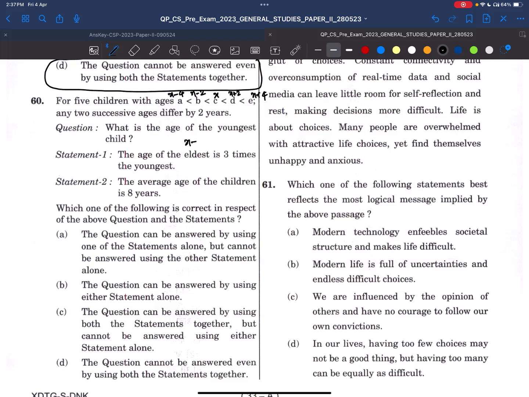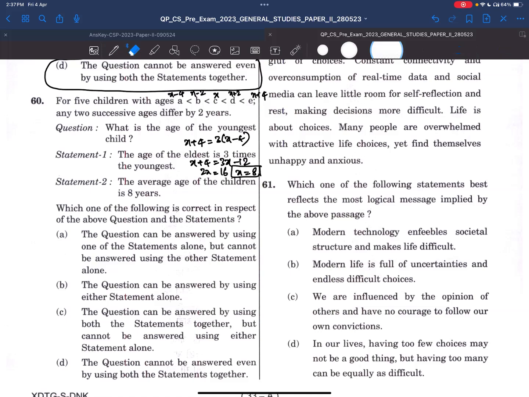Eldest is X plus 4. It is 3 times the youngest, which is X minus 4, that is 3 times X minus 4. What will we get? X plus 4 is equal to 3X minus 12. X will go this side and 12 will go this side. So 2X is equal to 16. X is equal to 8.